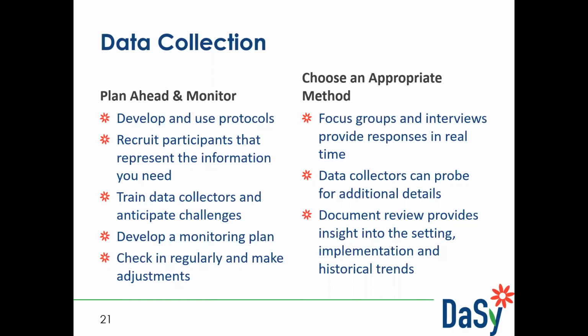And anticipate challenges related to data collection. So it's good, when you're thinking about planning ahead, to have some contingency plans in place for scheduling as well as for data collection issues. Another plan ahead is to develop a monitoring plan. And by that we mean, in what ways are you going to consistently communicate with data collectors while data collection is occurring?